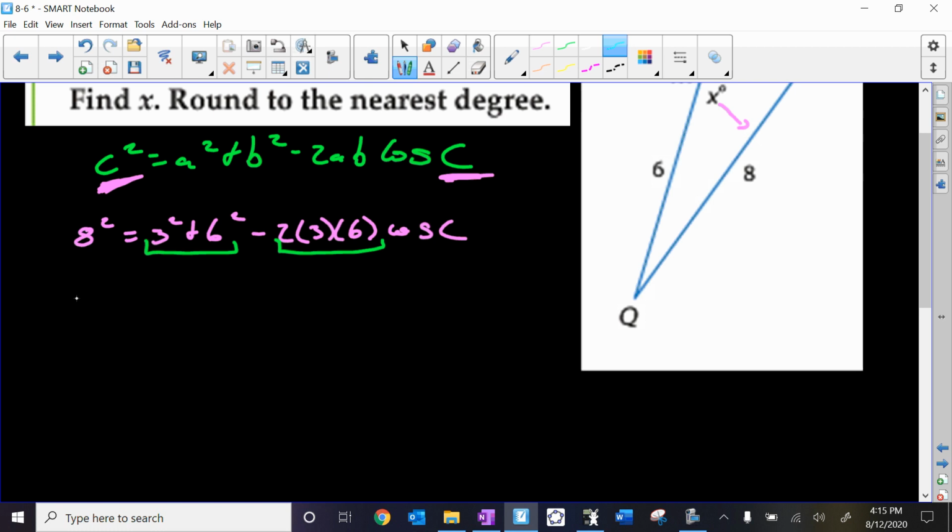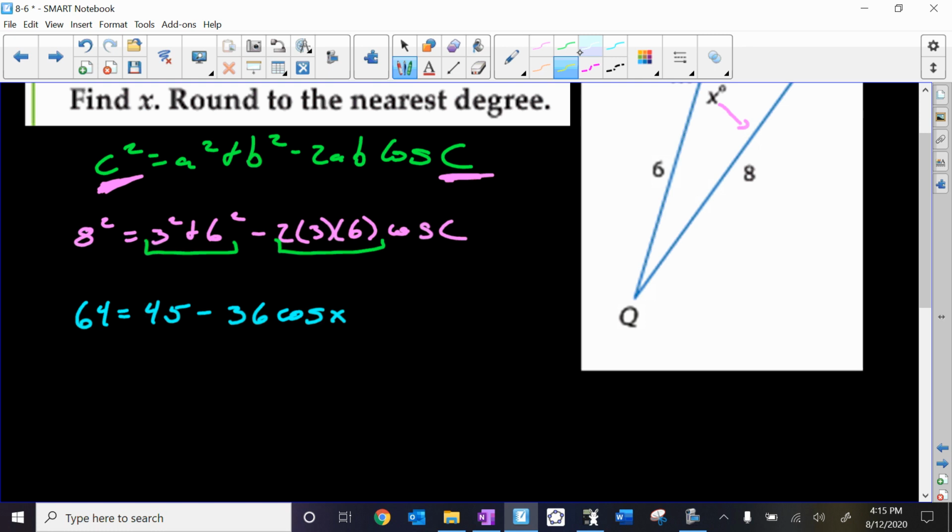So that leaves us with 8 squared being 64 equal to 3 squared plus 6 squared is 45 minus 2 times 3 times 6 is 36 cosine of x.